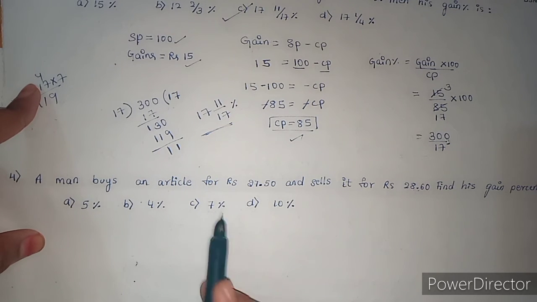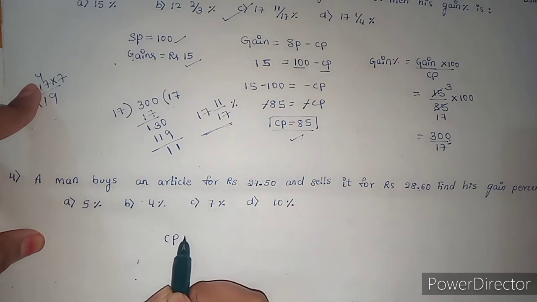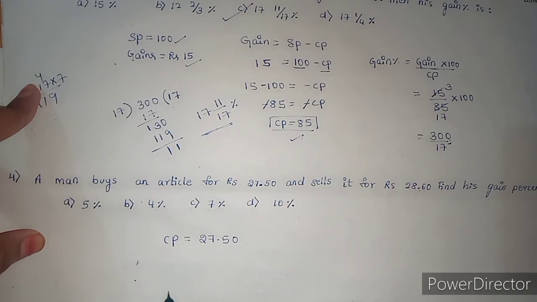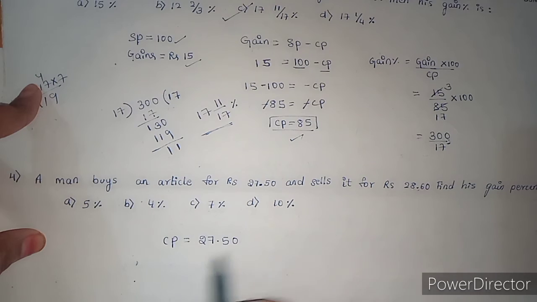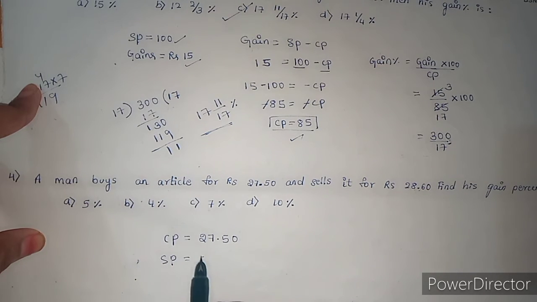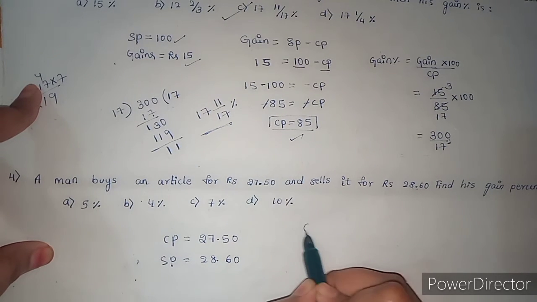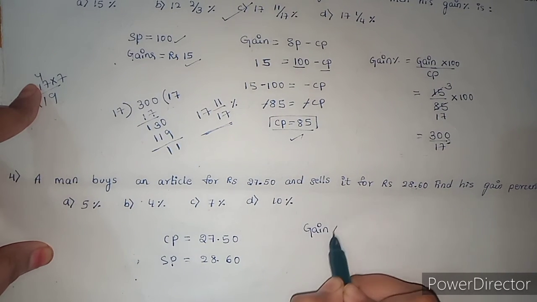A man buys an article. Buys means cost price, right? Buys an article for rupees 27.50 and sells it for rupees 28.60. Find his gain percent. Okay, what is gain percent?